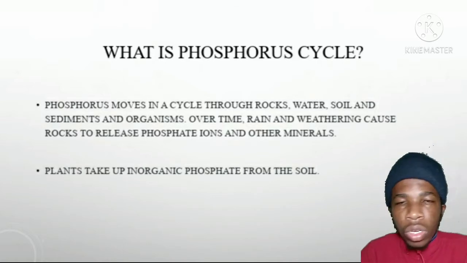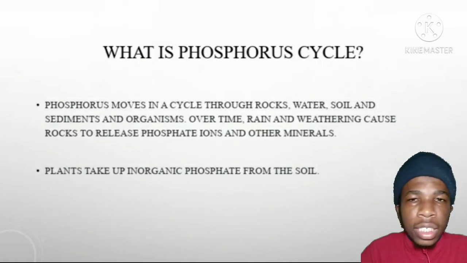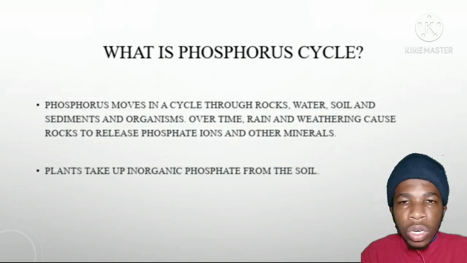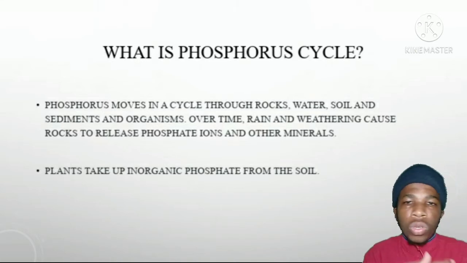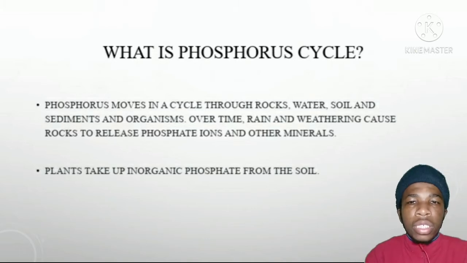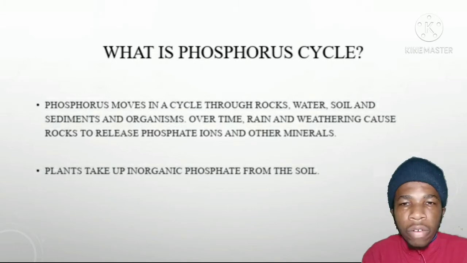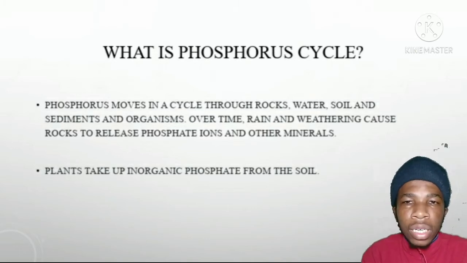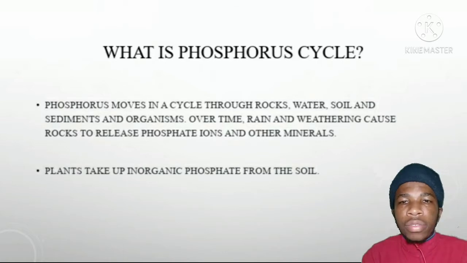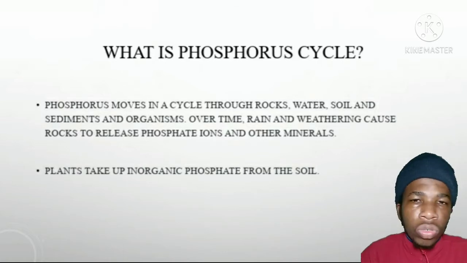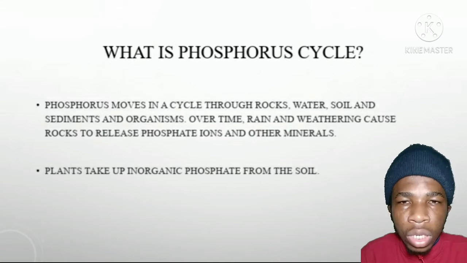And in return, when animals die they get decomposed and it goes back to the earth, and the cycle just continuously goes on. So that is what the phosphorus cycle is: the breaking down of minerals and materials and rotating it through the earth using different methods.